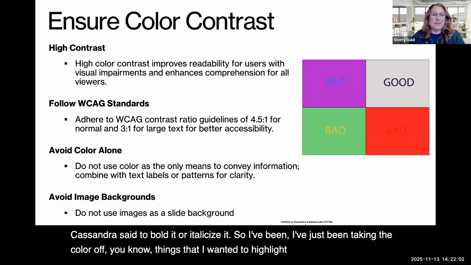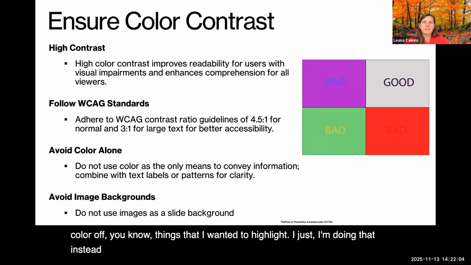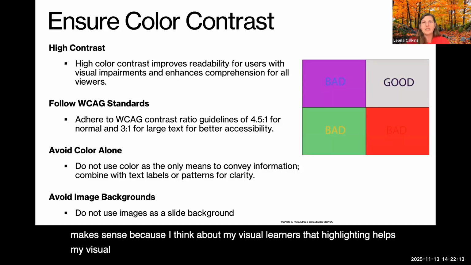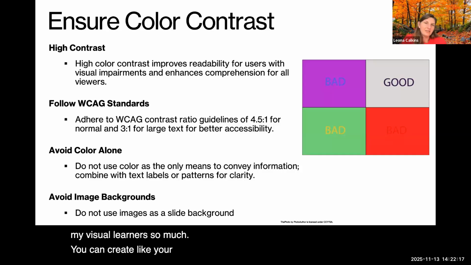I'm doing that instead. So, Sherry, one of the things that you can do is, if you're like, "No, it makes sense," because I think about my visual learners. That highlighting helps my visual learners so much. You can create your own title or your own heading, like, what's the word, setting.